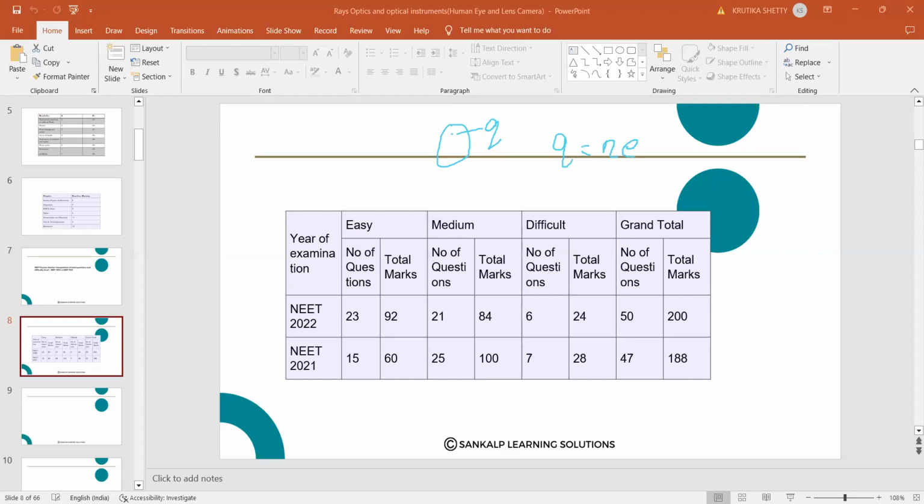Based on this, we can see some short numericals, which can come for 2 marks or 1 mark in your board exam. Suppose your body has a charge of 1 coulomb. So Q is equal to N into E. What I need to calculate is the number of charges.